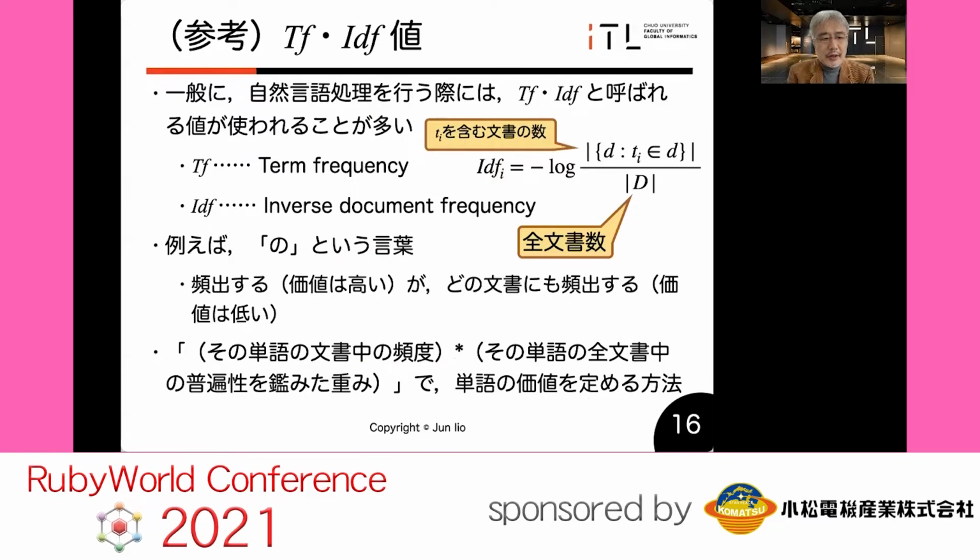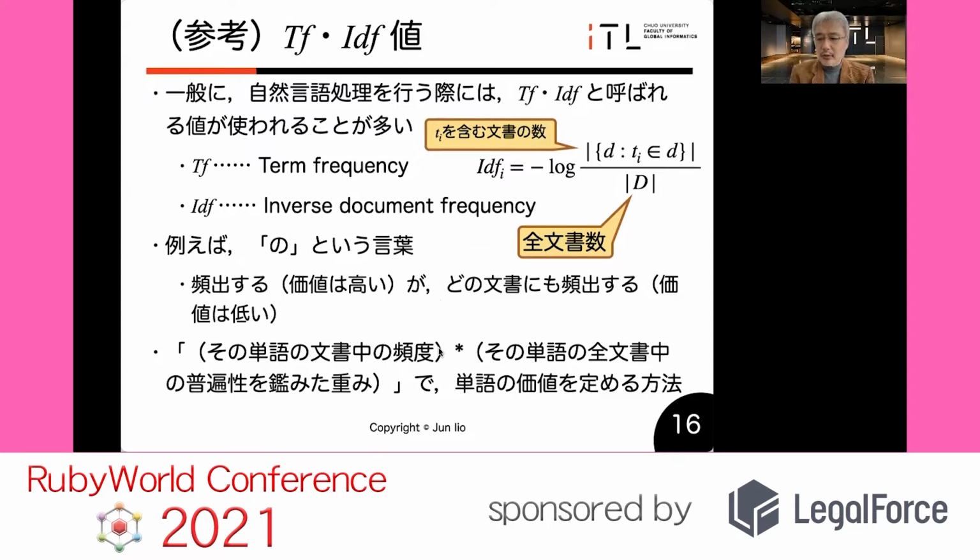So this time we focus on proper nouns. So we don't have to worry about IDF, so we focus on term frequency only. But in general, when we deal with natural language, it's often TF-IDF we use. As written here, the Japanese particles no, wa, ga appear very, very frequently, but they happen everywhere in every sentence, so the value is low.